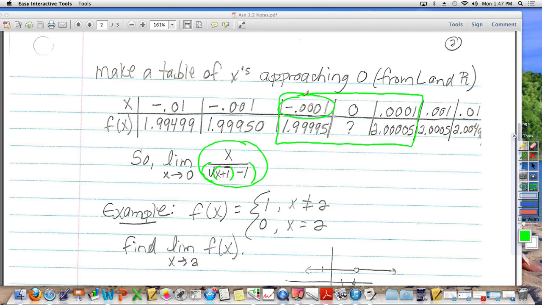Okay, what's second window? What's the first number? Negative 0.0001. Then what's your next number? Change it to 0.001. That'll be your table.